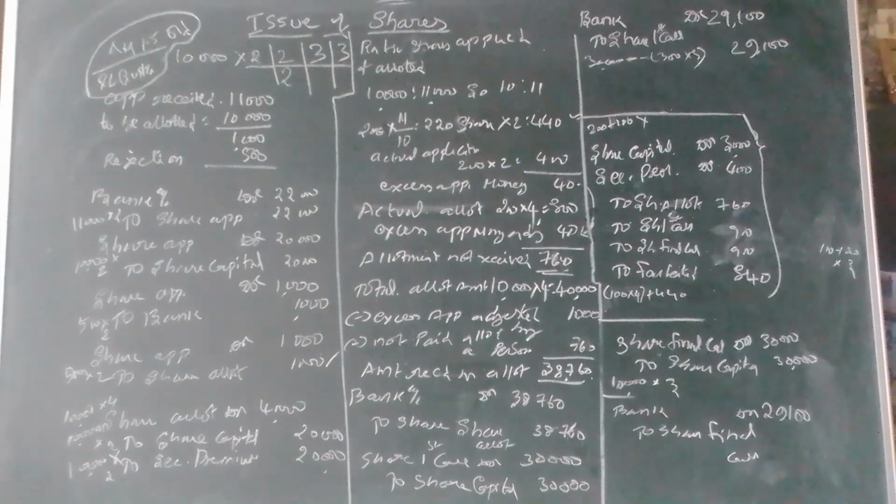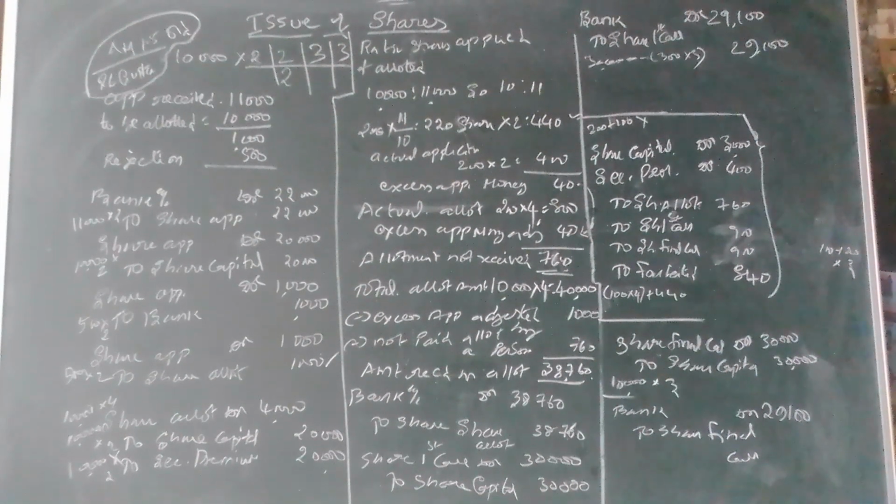Whereas we actually collected less: one shareholder has not paid for 200 shares, another shareholder has not paid for 100 shares. So total 300 shares not paid. So 30,000 minus 300 into 3, 900, gives 29,100. That is the amount collected for the first call.